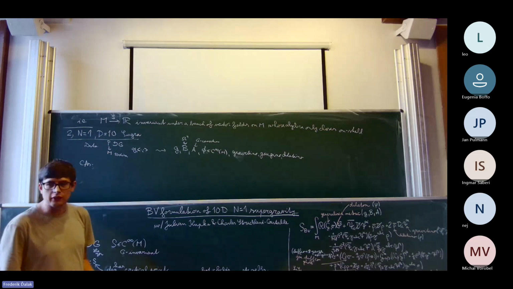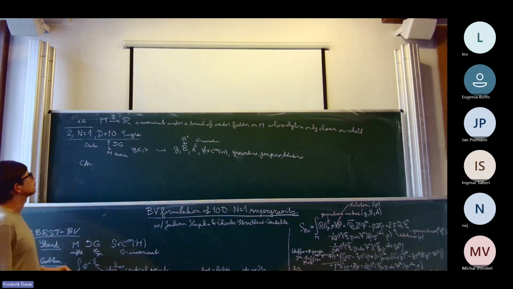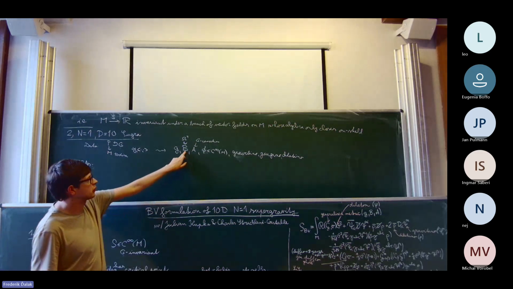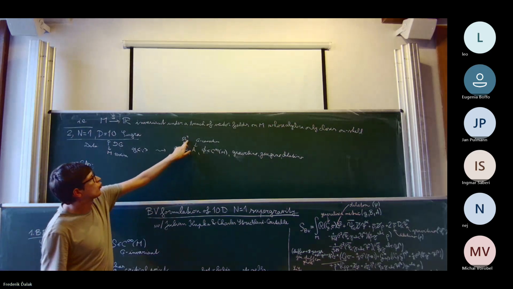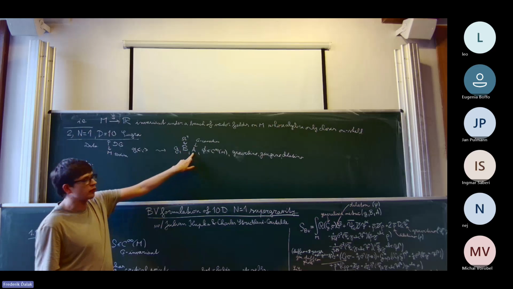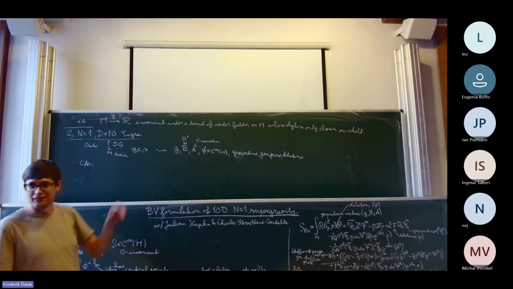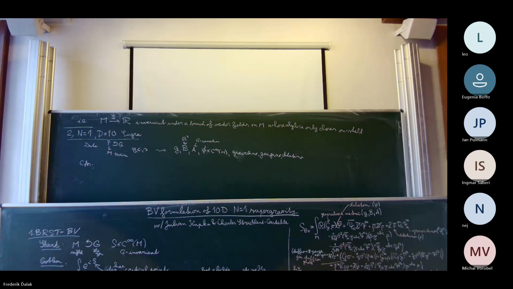No, I don't think it has to be globally defined. I mean, it's a little bit more general than what I wrote. So this is kind of like a connection on a gerbe. It's a two-form in the same sense as this thing is a one-form, and this is not a one-form, and so this is not a two-form. But locally, that's fine.